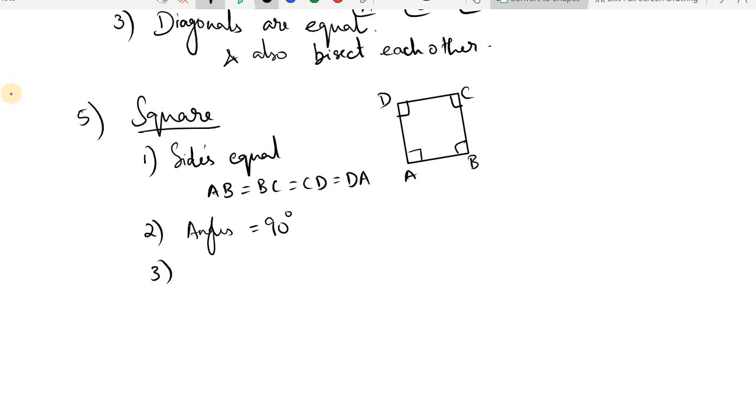Then another interesting thing about this is, just as in a rectangle, diagonals are equal, and as we have seen in a rhombus, they bisect each other at right angles. That is, here it's 90, 90, 90 and 90.